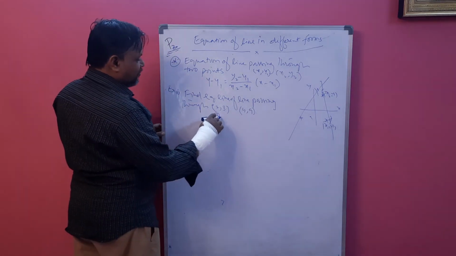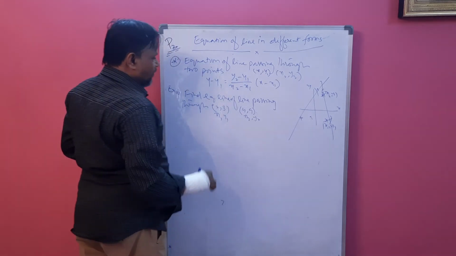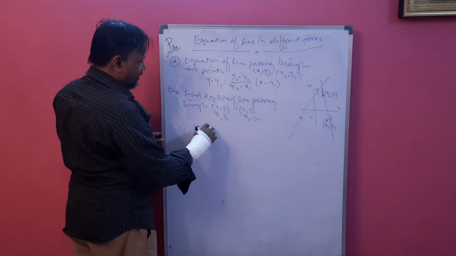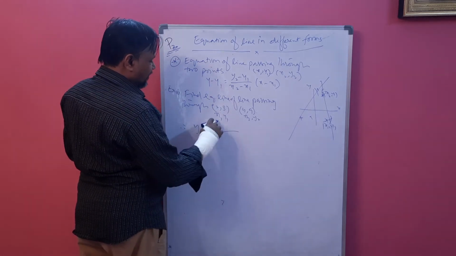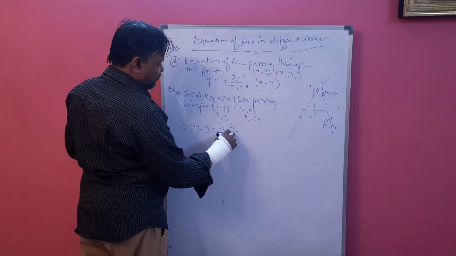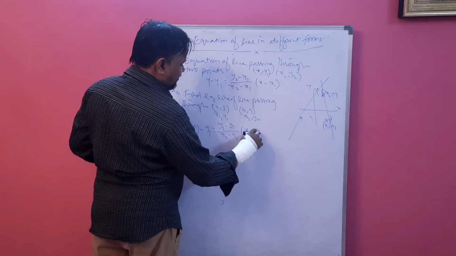So this is our (x1, y1), this is our (x2, y2). What you have to do is substitute in this: y minus y1 equal to (y2 minus y1) by (x2 minus x1), bracket, into (x minus x1).